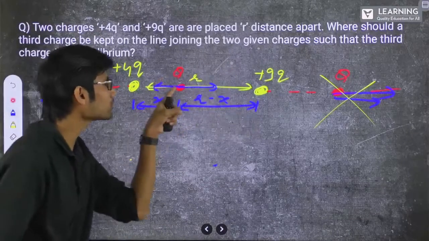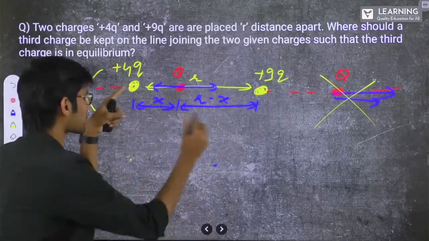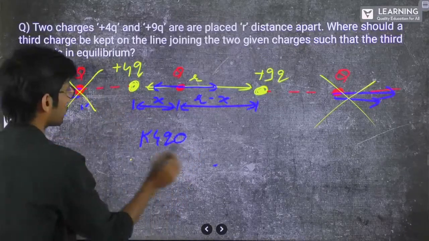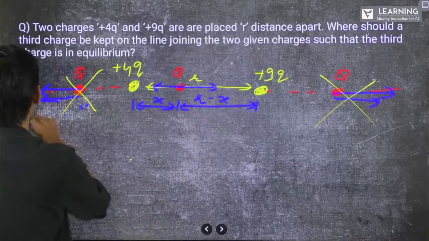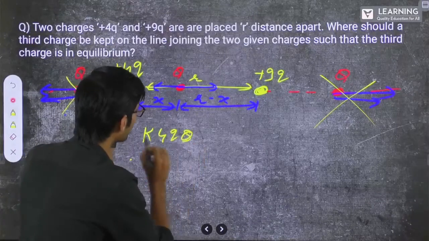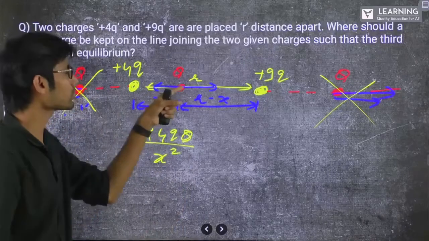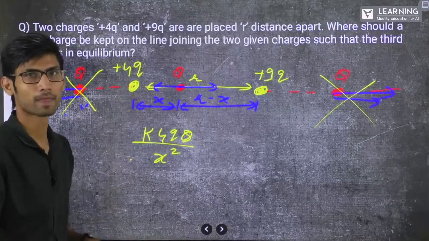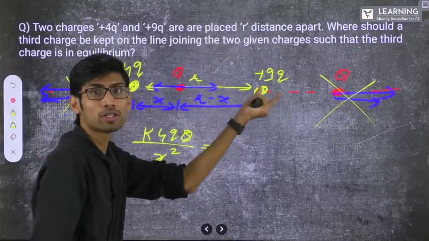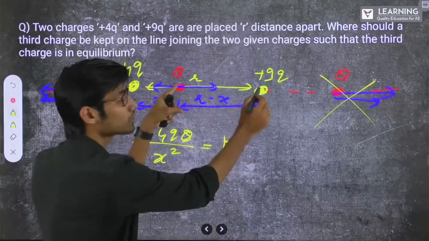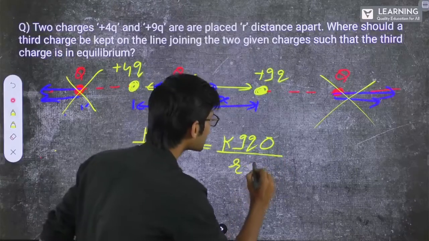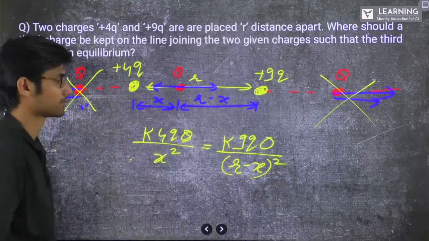So now the force on this Q due to this will be K into 4Q into Q divided by x square. The force on this due to this, right? Now this force should be equal to the force on this due to this, which is K into 9Q into Q divided by r minus x whole square. Correct?